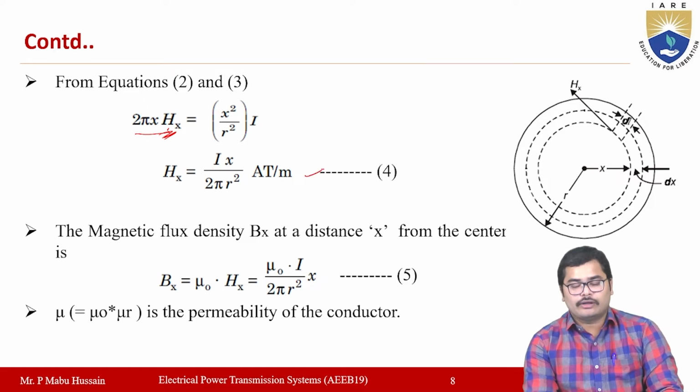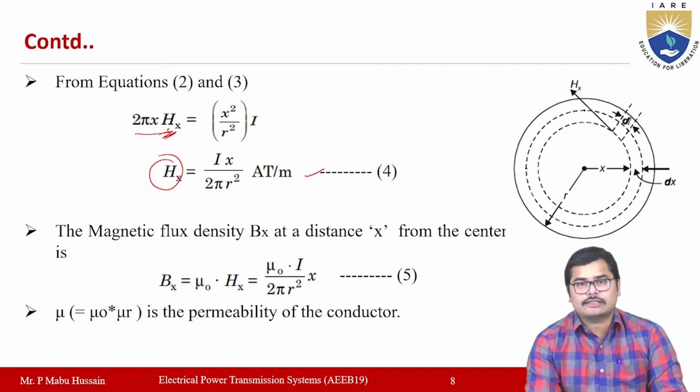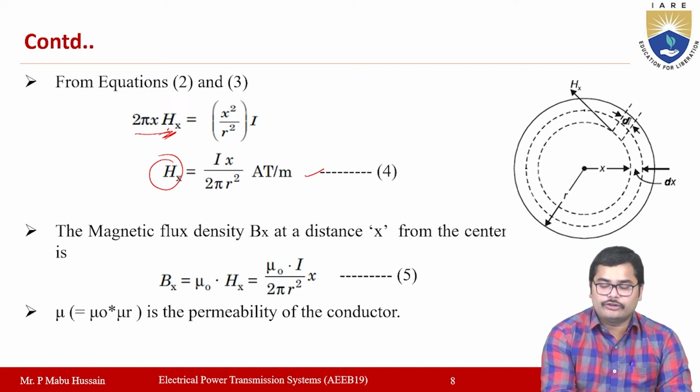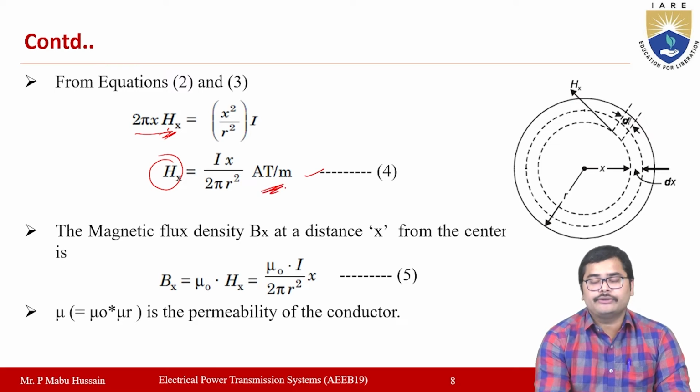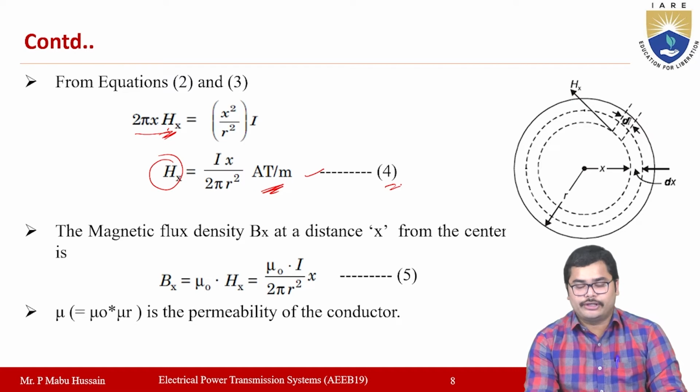Here hx is the magnetic flux intensity, and its unit is ampere turns per meter. Let it be equation number 4.